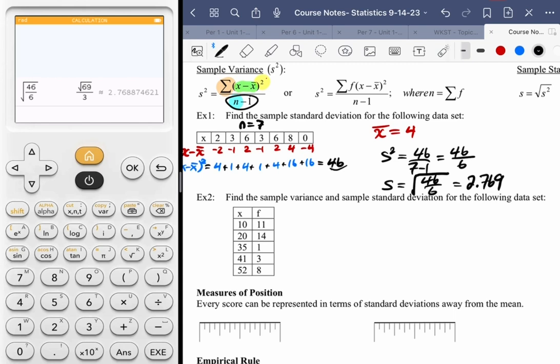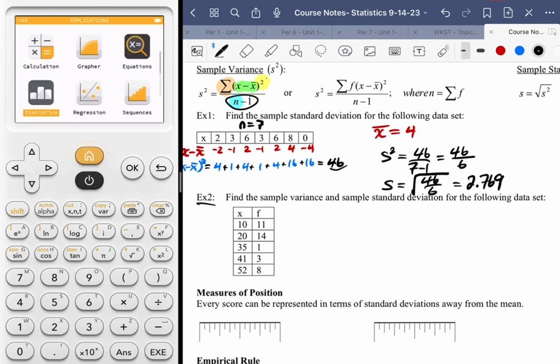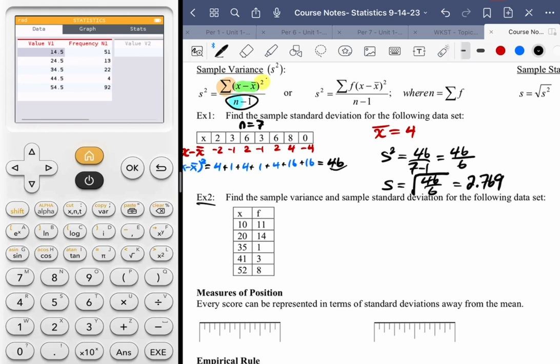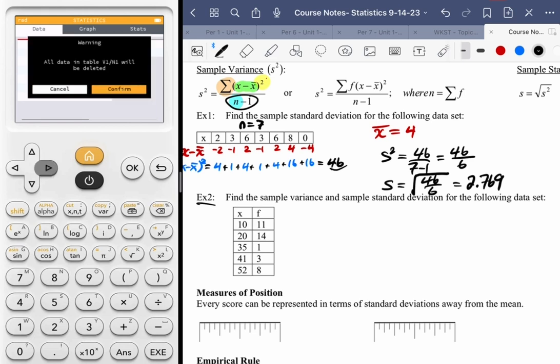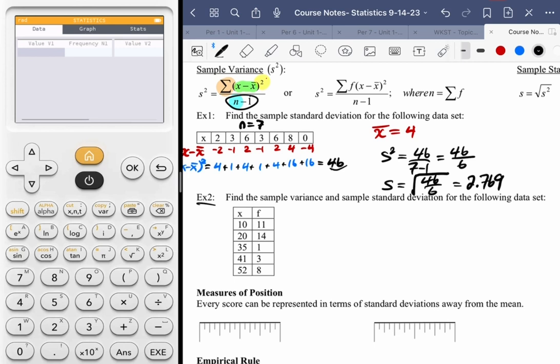So I'm going to take a minute and pop number 2 into the calculator and pull that standard deviation, and we'll see what the relationship is between the data in example 2 and example 1. So 10, 20, 35, 41, 52, 11, 14, 1, 3, and 8.